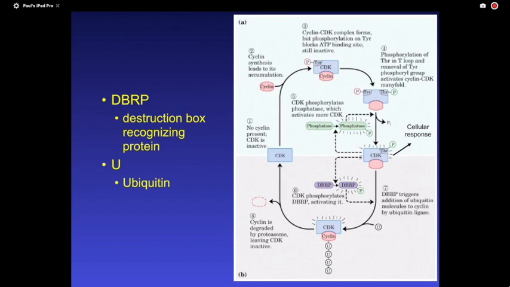Upon some sort of signal, one of the cyclins starts coming up in concentration, building in concentration, and it will bind to the CDK. And so I now have a complex. What occurs here is that the complex will allow this to be phosphorylated once.